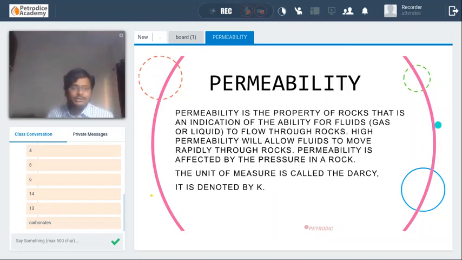Okay. Let us start new chapter, that is permeability. First write it, guys. We will start permeability.